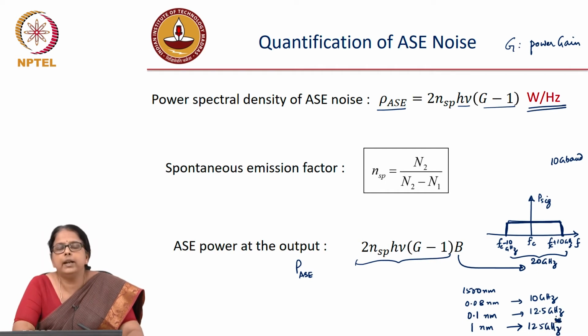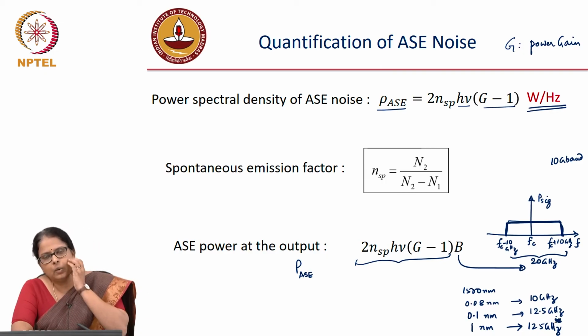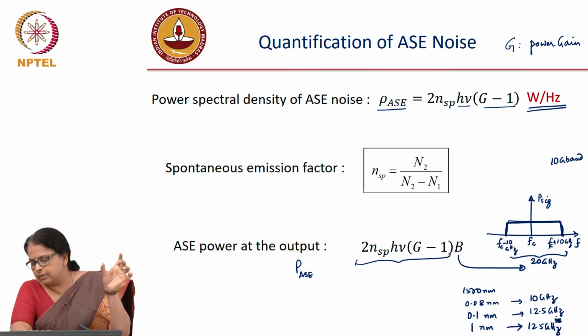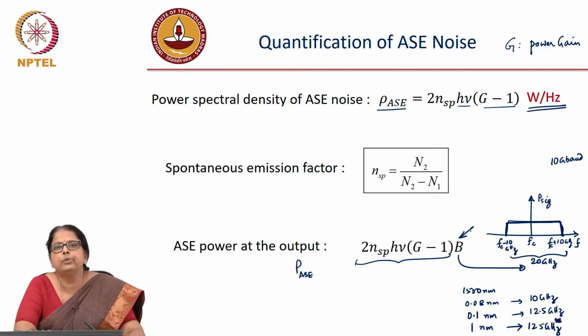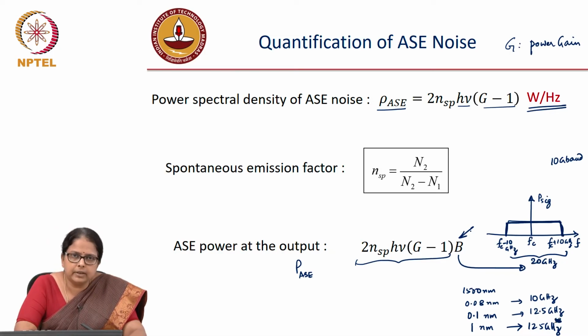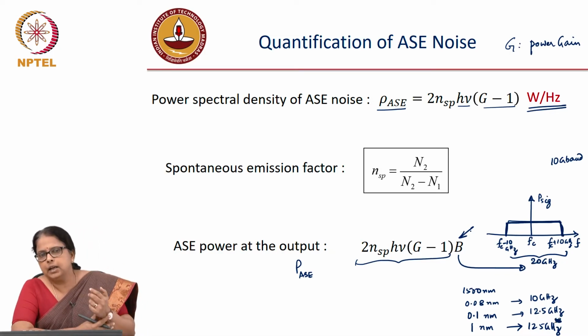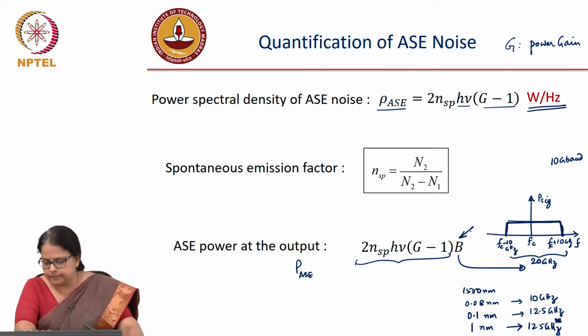So if I put a 1 nanometer optical filter at the output of my erbium doped fiber amplifier, I am allowing an equivalent bandwidth of 125 gigahertz, in which case my B corresponds to 125 gigahertz. And depending on how large the bandwidth of my filter is, I would keep adding ASE power into my system.